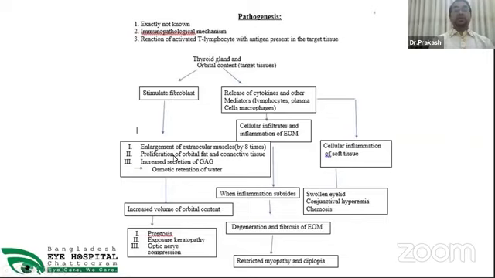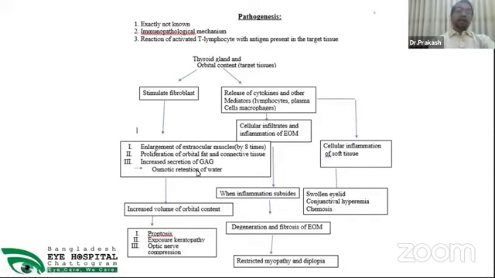So there is proliferation of the orbital fat and the connective tissue. And in the connective tissue, there is glycosaminoglycan. So there is an increased secretion of glycosaminoglycan. And as you know, glycosaminoglycans are osmotically active particles. So there is osmotic retention of water.